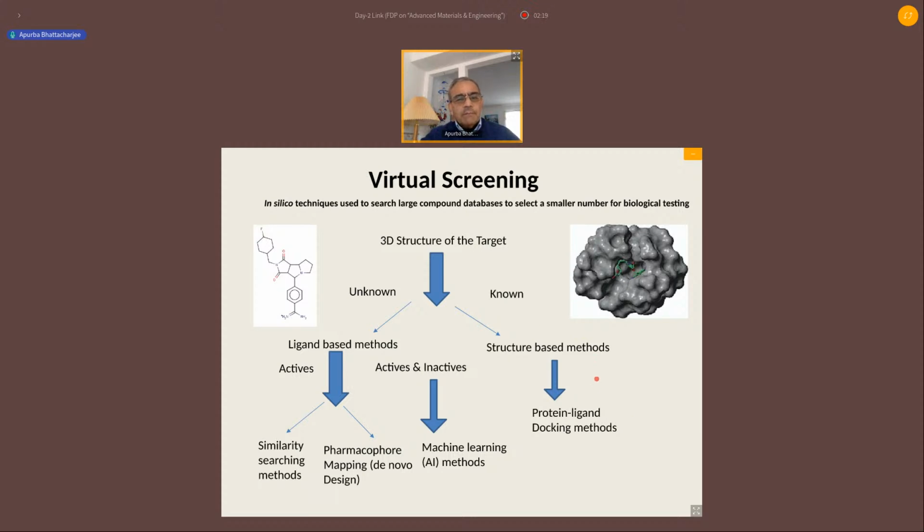The other approach is where we don't know the protein structure. And that happens very often because for many of the diseases, we know the disease and we know some compounds which are active against the disease or can inhibit the biological response of the disease.